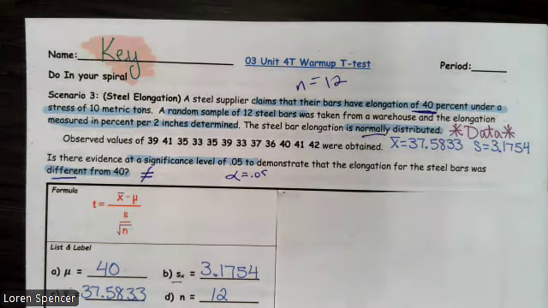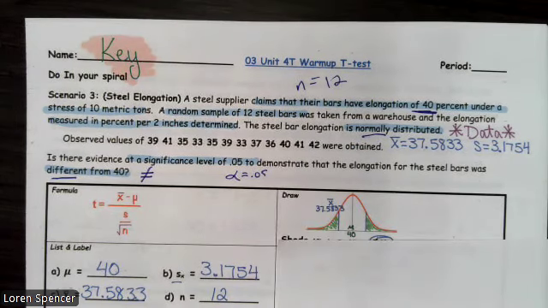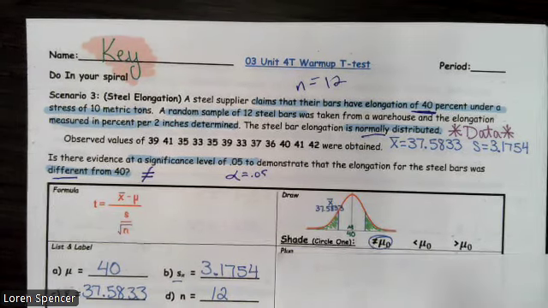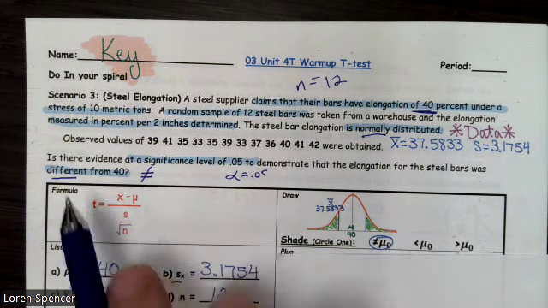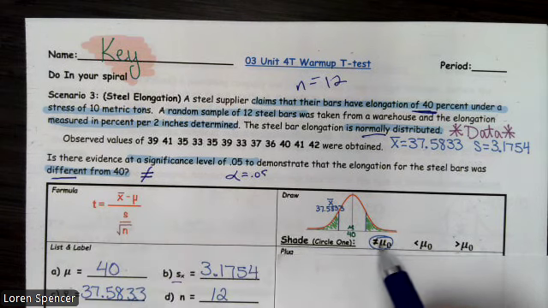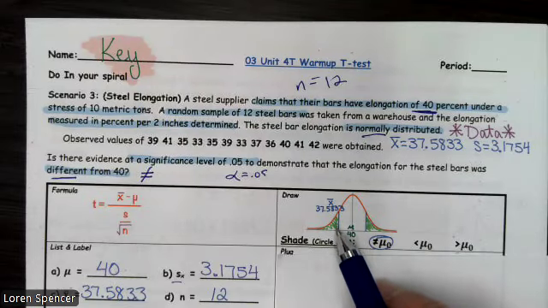The next thing we need to do is draw our picture. Well, our picture is always going to be centered on the mean, and our mean was 40. And because it's a not equal to, because they use the word different, that makes it a two-tailed test. And it turns out that we have a 37.5833.